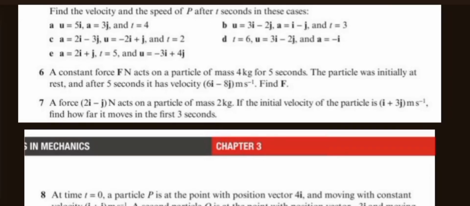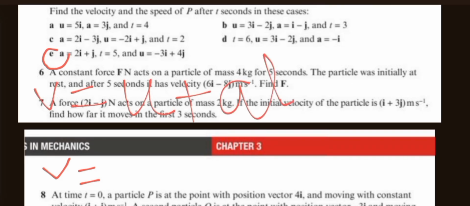Now let's do number 5. Find the velocity and the speed of P after t seconds in these cases. Let's do A. We're going to use this formula, v equals u plus at.